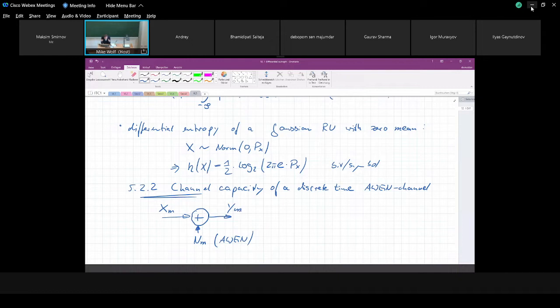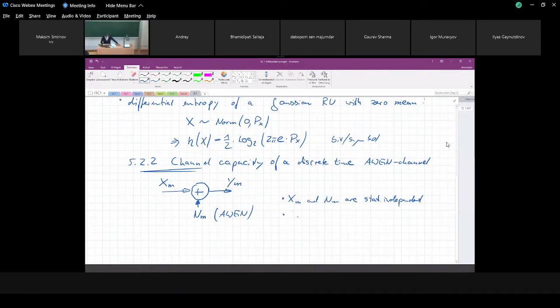Then we said this noise is independent of the signal. This is really important. So xm and nm are statistically independent. And we say the expected value of xm squared, let's denote this as Px.